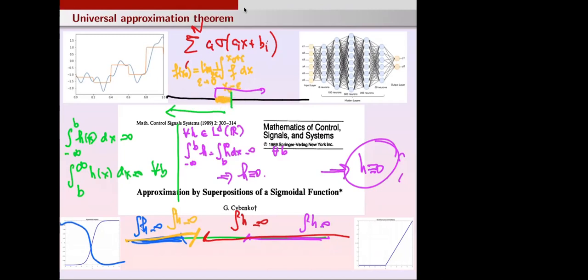By Lebesgue differentiation, the function is 0 everywhere. And therefore, applying this to the function h coming from the Hahn-Banach contradiction, I can guarantee that this combination of sigmoids, this superposition of sigmoidal functions à la Cybenko, is dense.